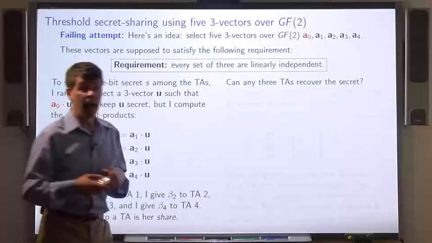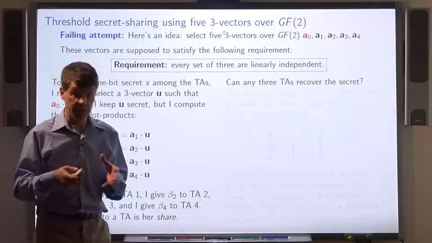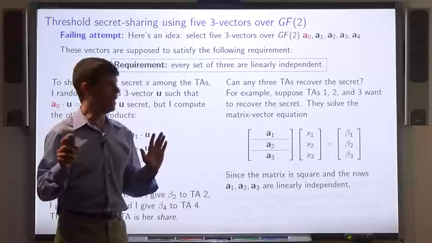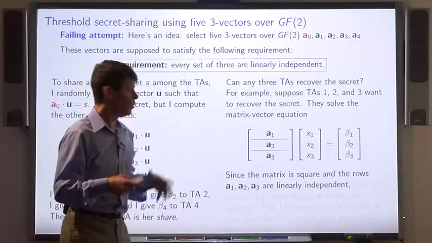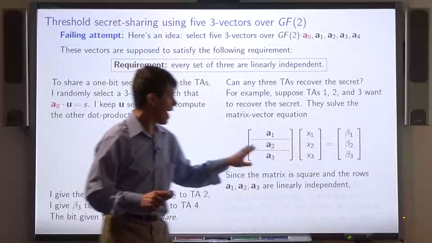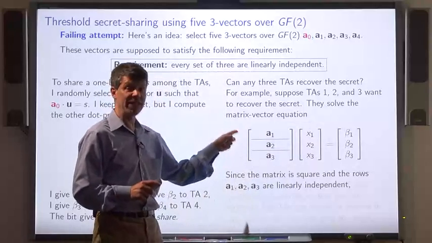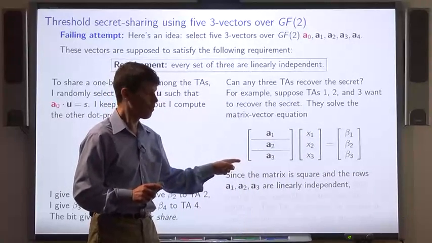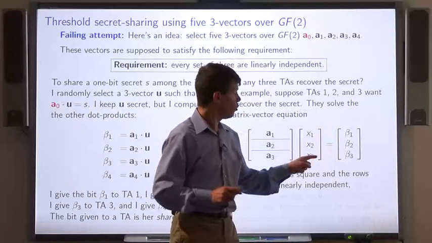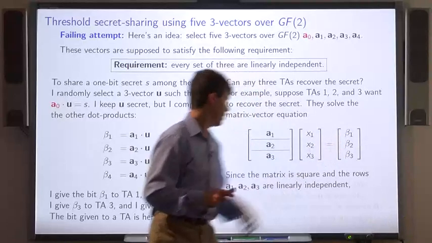Now, suppose 3 TAs want to come together and reconstruct the secret. Can they do it? Suppose, for example, the TAs 1 through 3 want to reconstruct the secret. What do they do? They solve the matrix vector equation, A times x equals B, where A is the matrix whose rows are the vectors A1, A2, A3, and the right-hand side B is the vector whose entries are the dot products beta 1, beta 2, and beta 3.